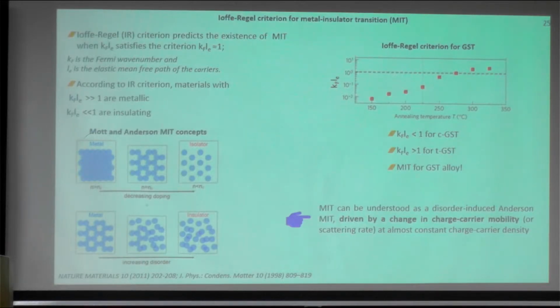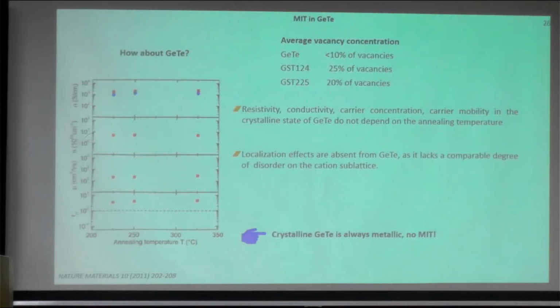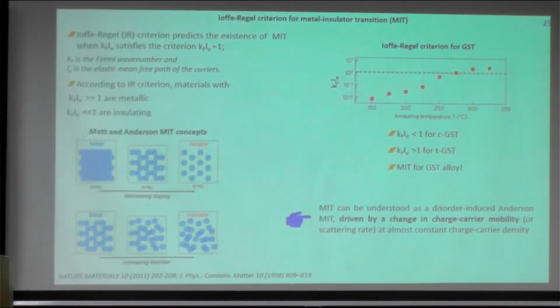On the next slide. But first, this MIT was considered for the GST system, germanium antimony tellurium 2-2-5, which contains around 20% of vacancies.